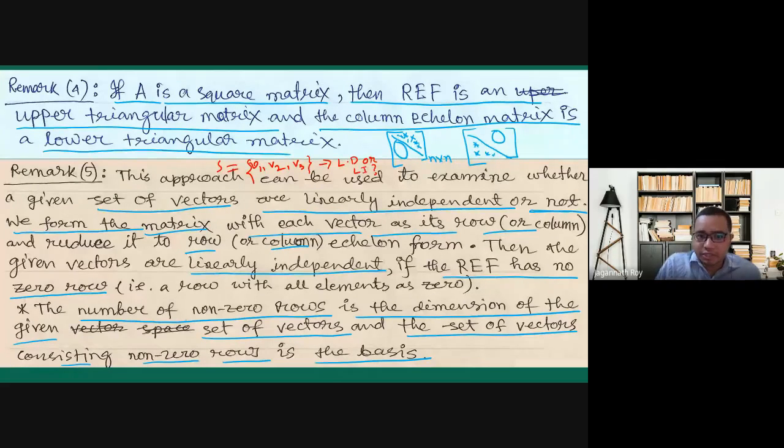If the question is like that, then we have seen that we have to take the linear combination C1 V1 plus C2 V2 plus C3 V3 equals 0, and from there we have to check whether all are 0 or not. If all are 0, then we call it linearly independent, and if at least one is non-zero, then we call it linearly dependent. Remember?